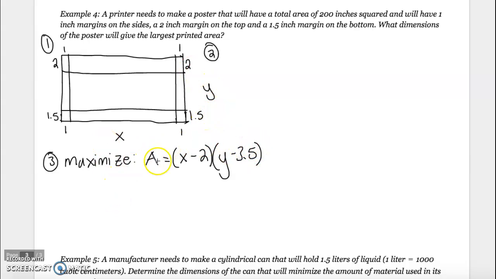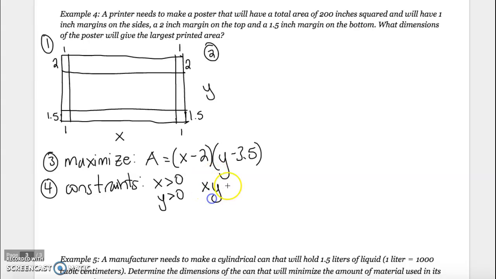All right, let's talk about some of our constraint pieces. So constraints. Obviously, x and y have to be positive, and then it also gives us one more piece of information in the problem. The poster has a total area of 200 inches squared, so that means that when you just do x times y without the margins, like the actual piece of paper, you get 200.